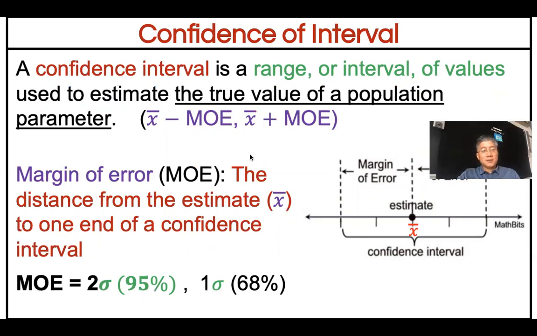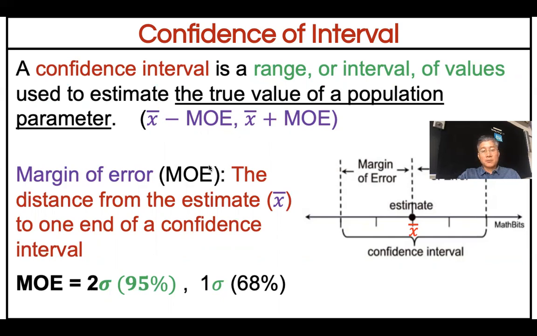So what is it? X bar is the sample mean, right? The mean, average of the sample, minus margin of error. That's the lower bound. And then the upper bound is mean plus margin of error. So we should know the margin of error.